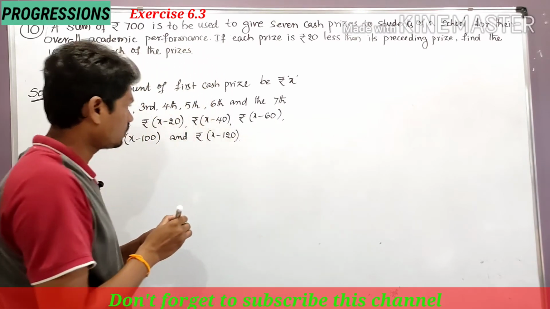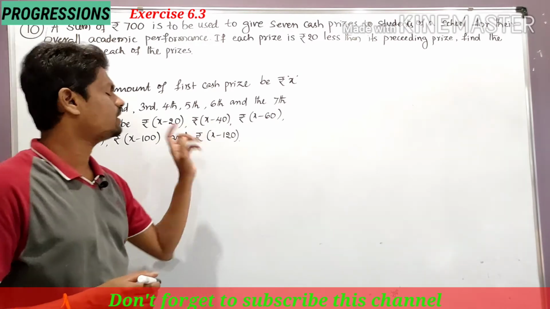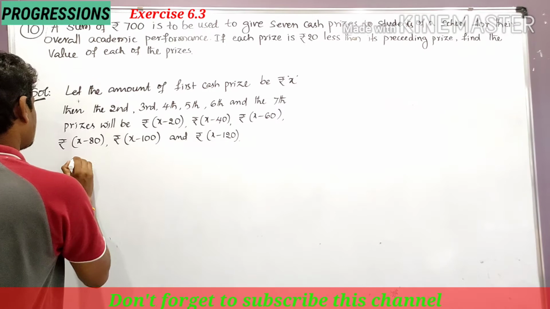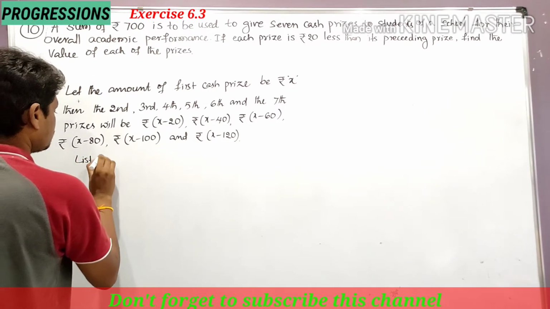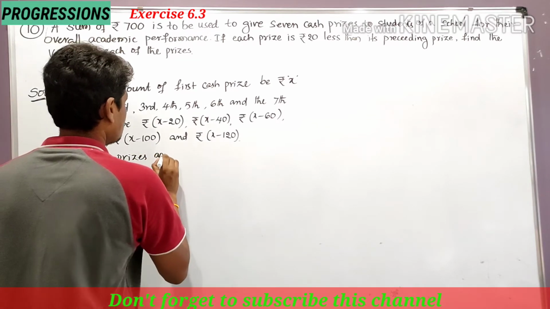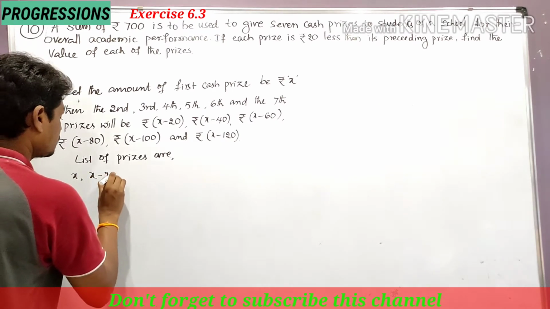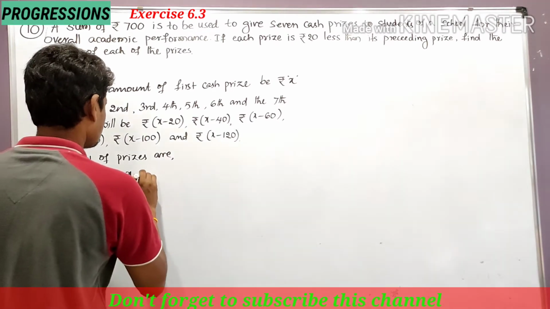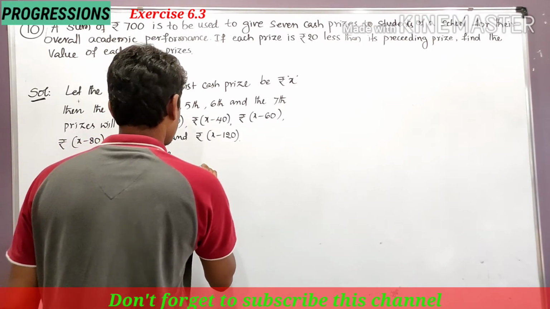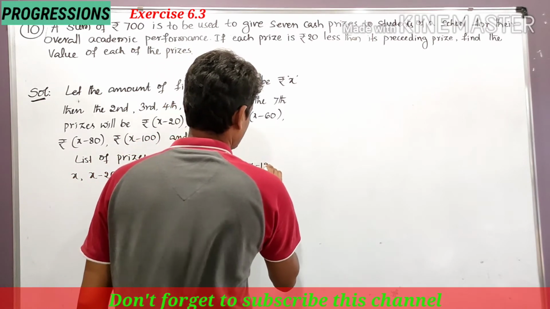So totally this is the first, second, third, fourth, fifth, sixth and seventh. The list of prizes is x, x minus 20, x minus 40, x minus 60, x minus 80, x minus 100, x minus 120.